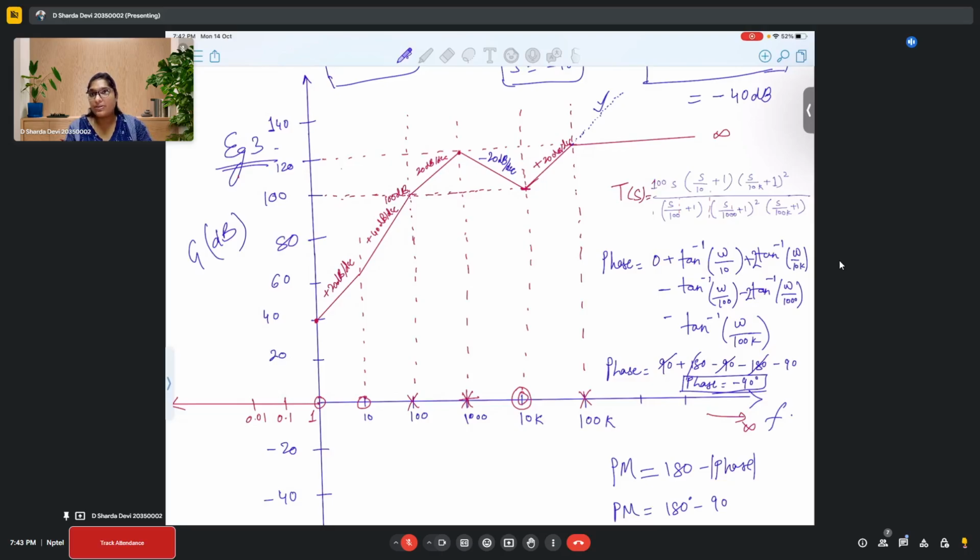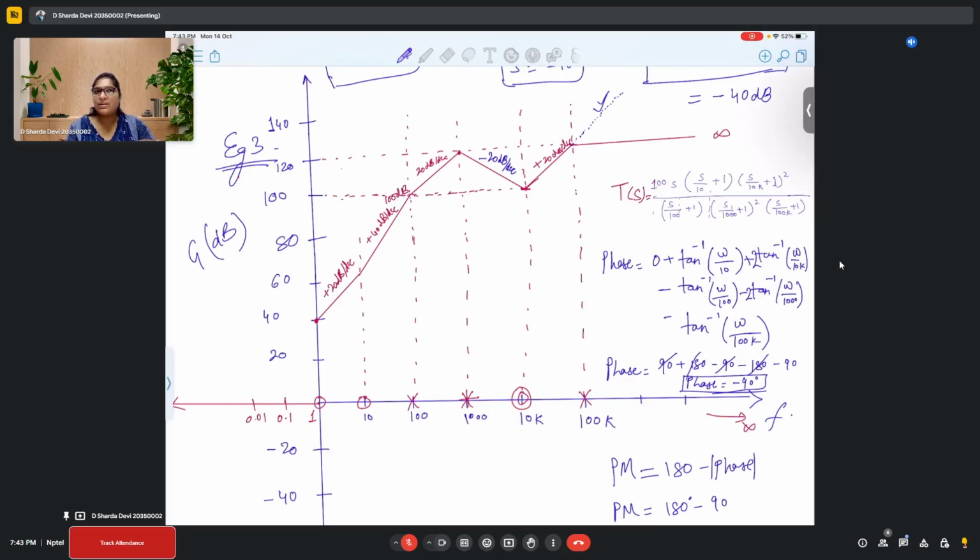You would never encounter that, because in practical life, in the systems formed out of your electrical components, whenever you try to introduce a zero, it somehow introduces a pole. So a zero always comes with a pole. That's why your system is always a pole heavy system, or there might be a chance that your poles and zeros are balanced, but you would rarely see a zero heavy system.